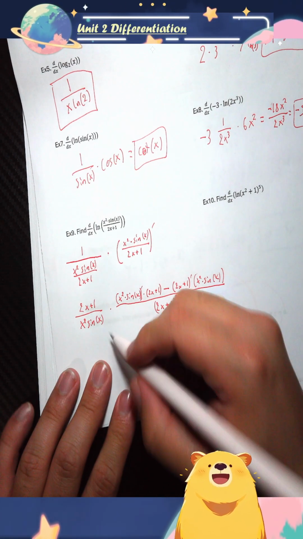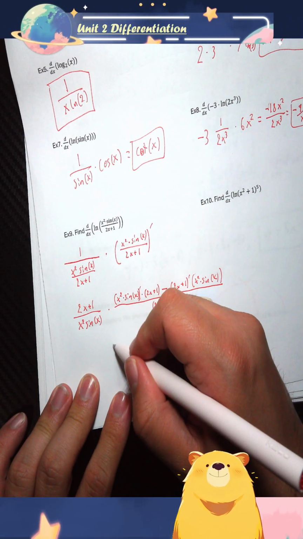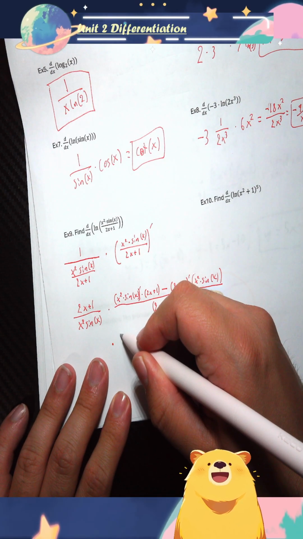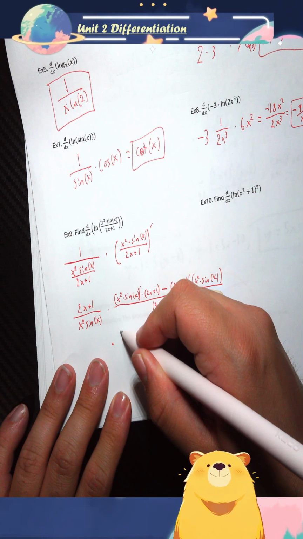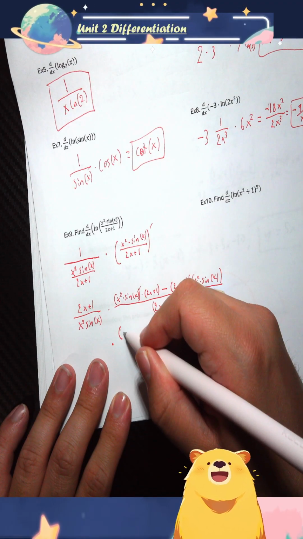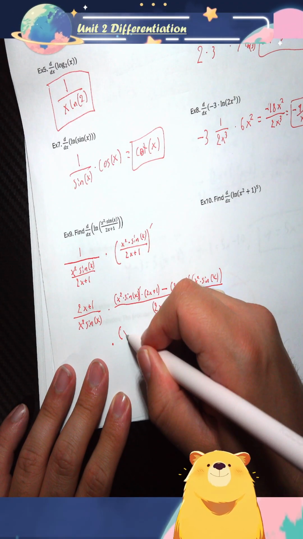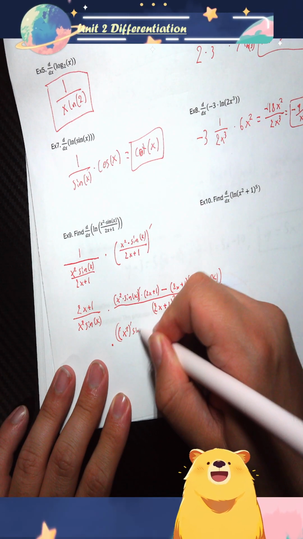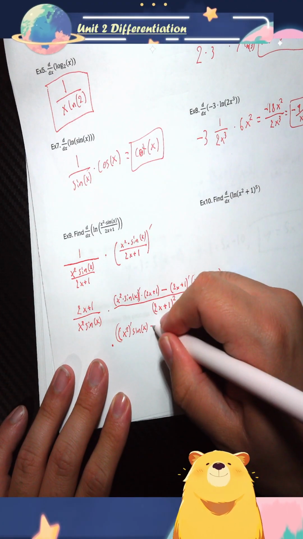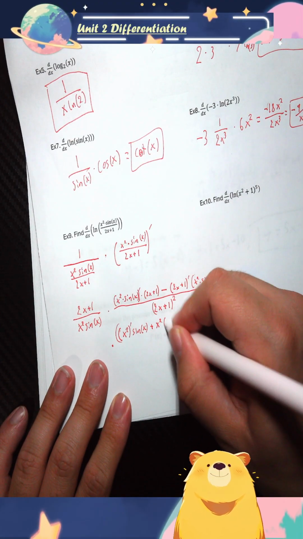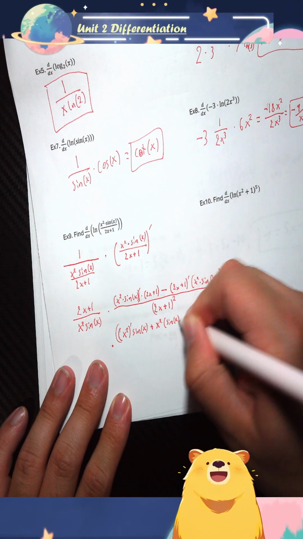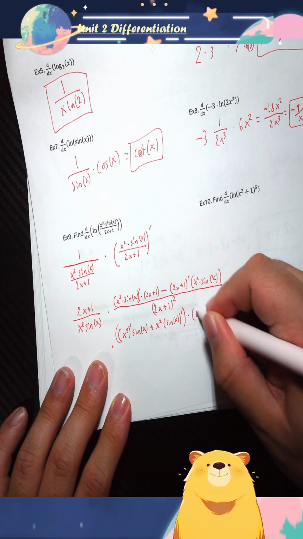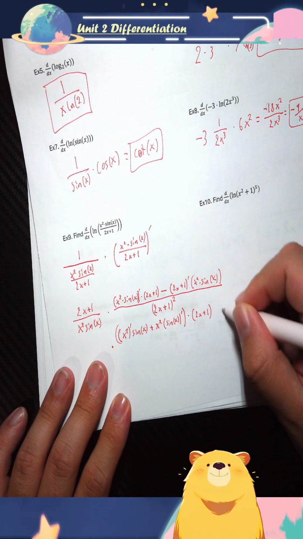Right, let's go and do these derivatives. We have this product rule, so we have x squared prime sine of x plus x squared sine of x prime times 2x plus 1.